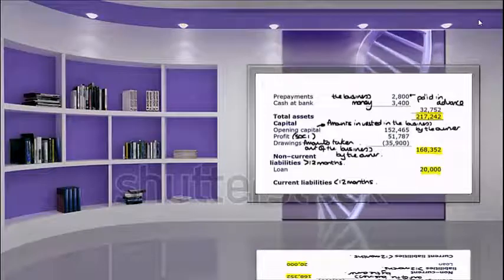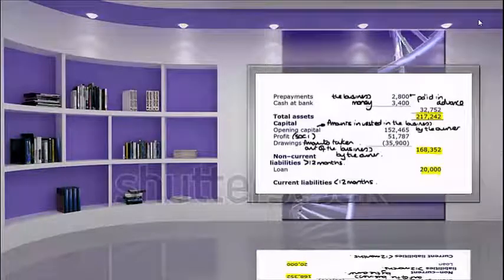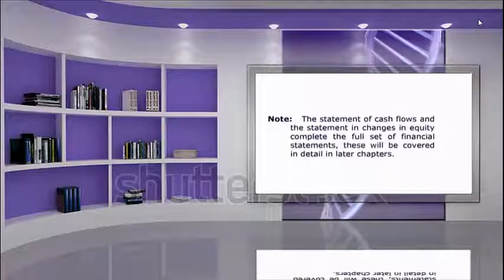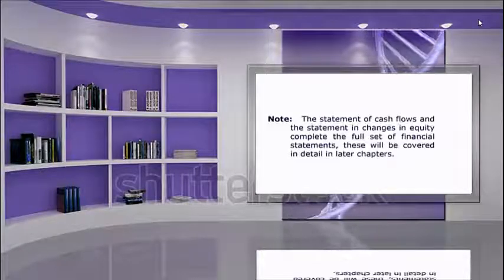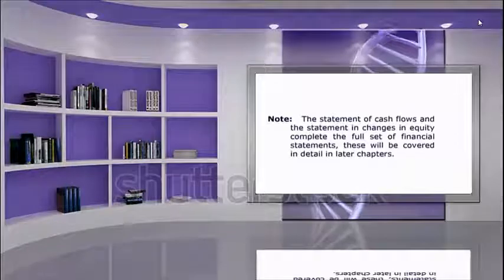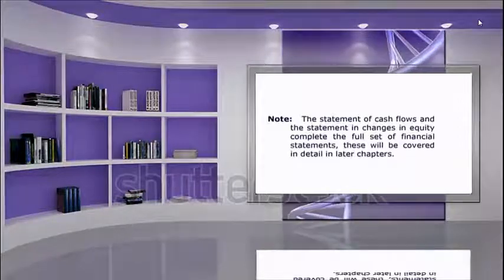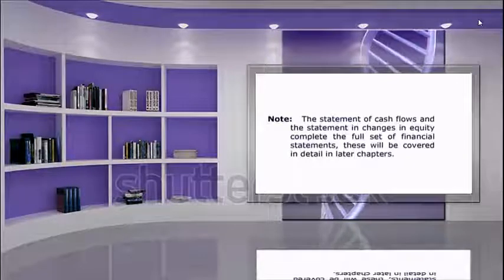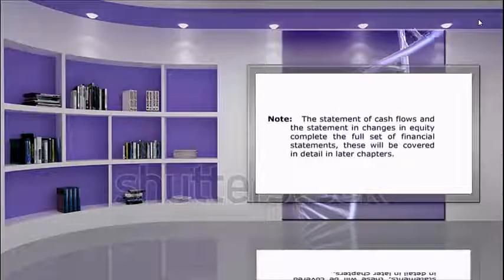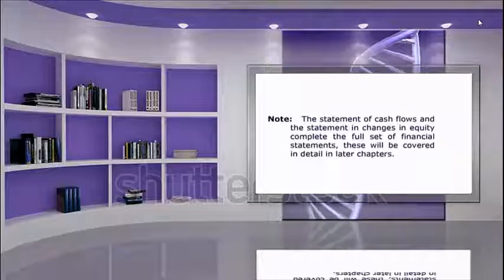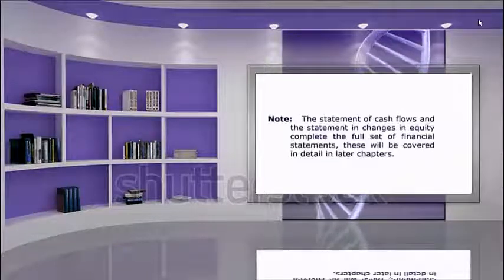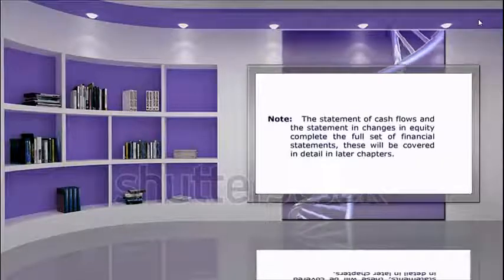Now, just as a final note before we finish, there are two more financial statements that we would be asked to prepare in this syllabus: a statement of cash flow and a statement of changes in equity. We are going to see these other two financial statements in later chapters. So don't worry, we're not going to miss them out, we're just going to study them later on.